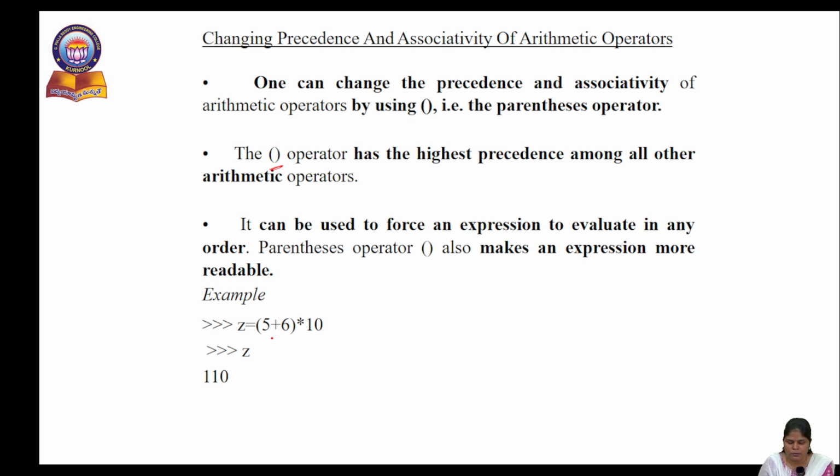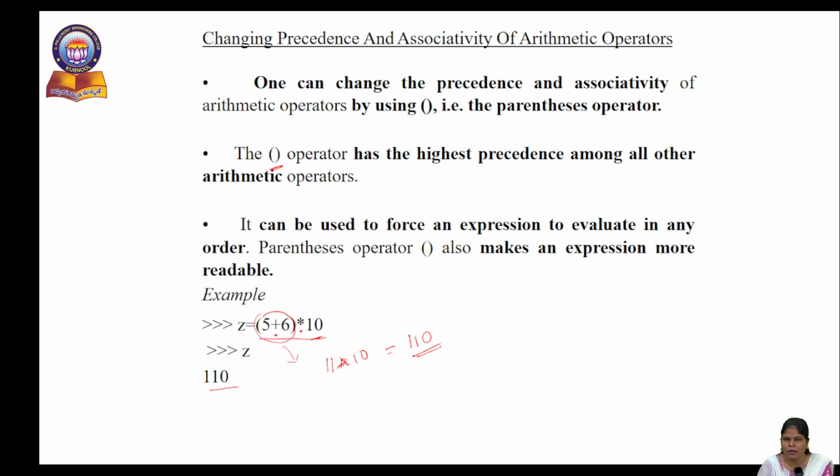So in an expression, I have 5 plus 6 into 10. Even though the plus has lower precedence compared to the into, here the plus operator is within the parenthesis, so this will be evaluated first to 11. Then 11 into 10, what is outside the parenthesis is 10, gives the output 110.